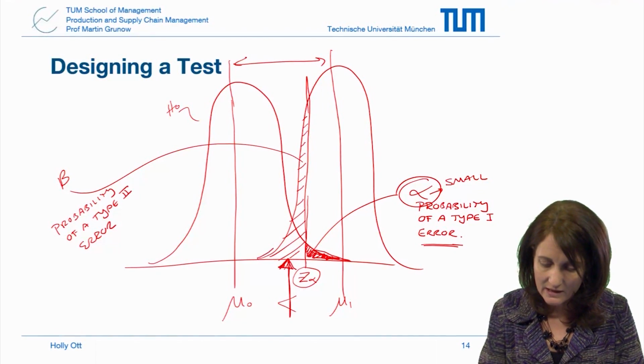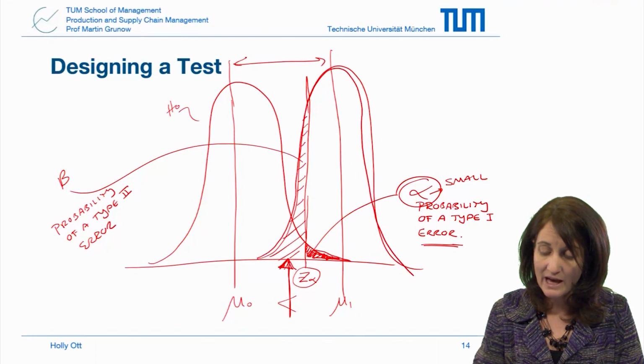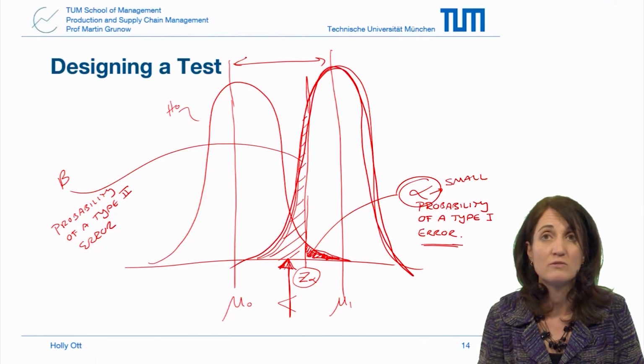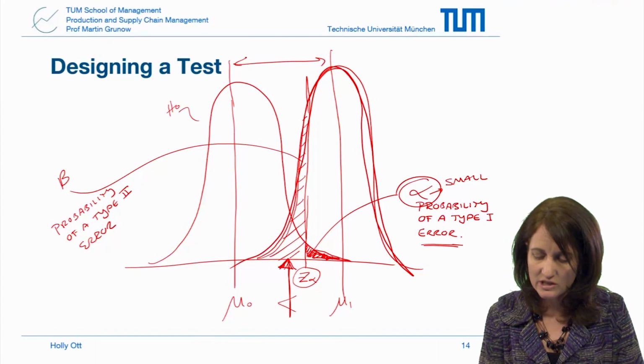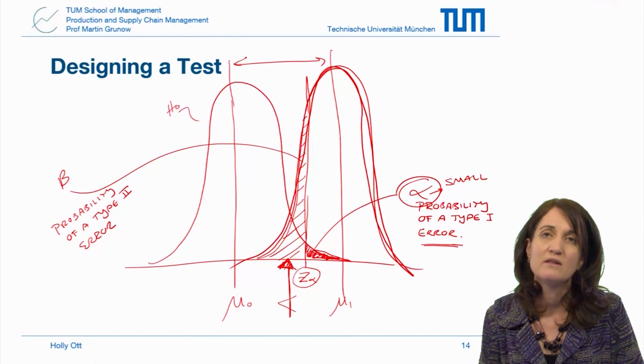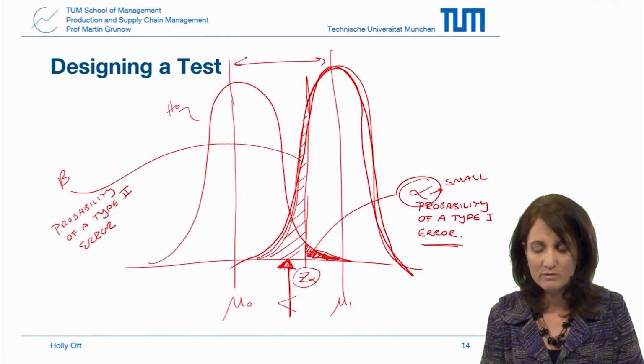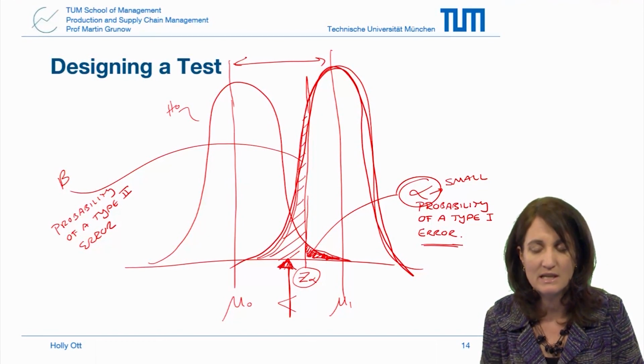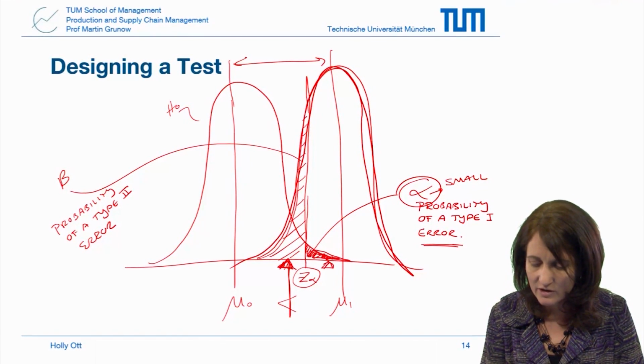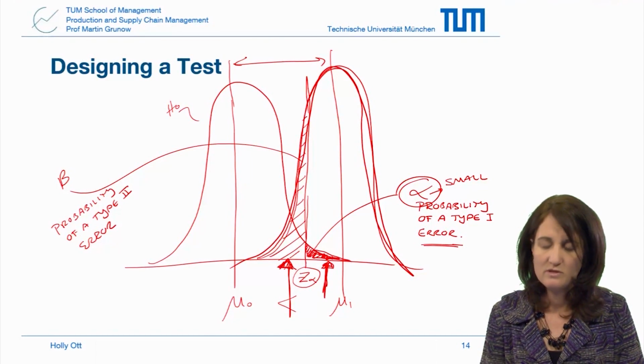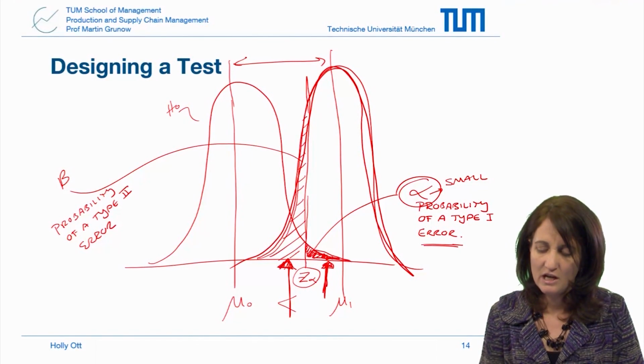But it could be that we have stronger rope. Could be that the supplier is right. And it's just as unfortunate for the supplier that his sample that was taken was not strong enough to convince us. His sample did not lie in our critical region. So the supplier maybe should do another test.